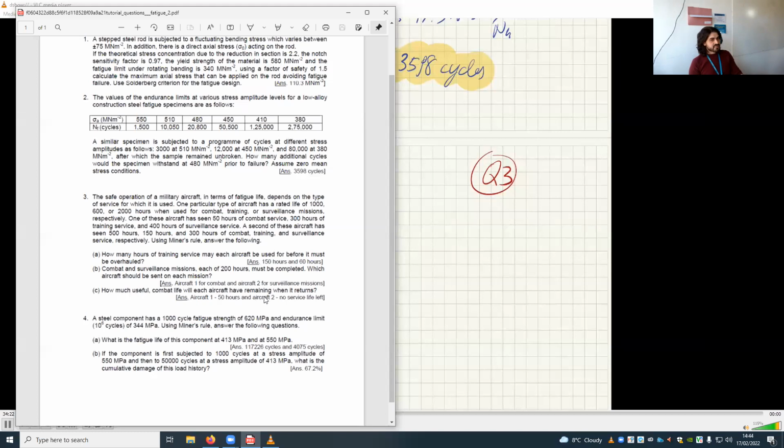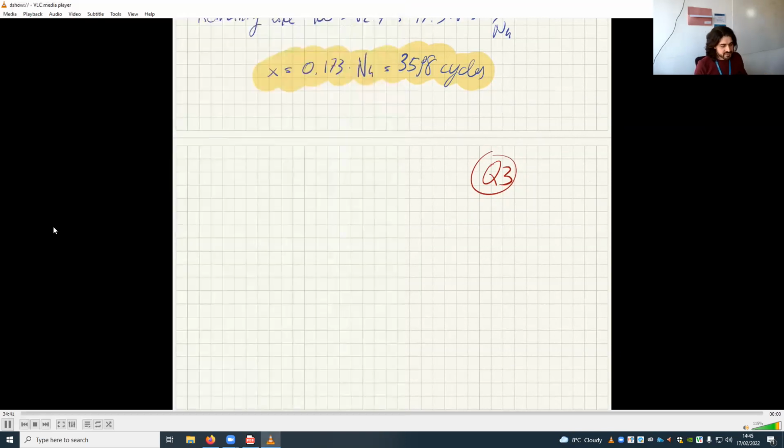And when it returns, how much life is left in these aircraft once they have returned, hopefully, from their mission? See, it doesn't have to do with stress at all. It's just hours in service. You can answer these kinds of questions quite easily.